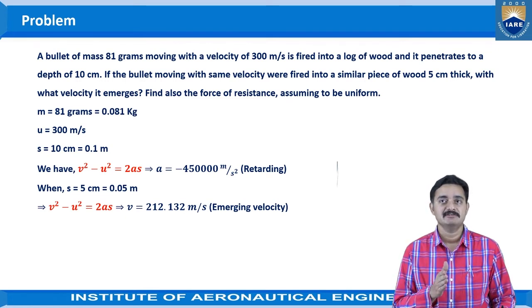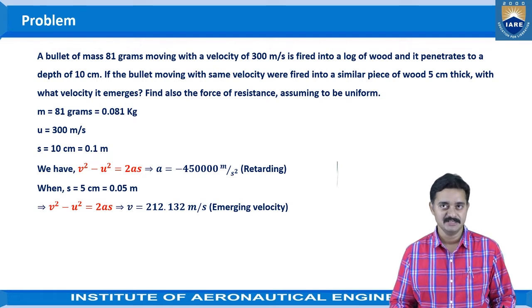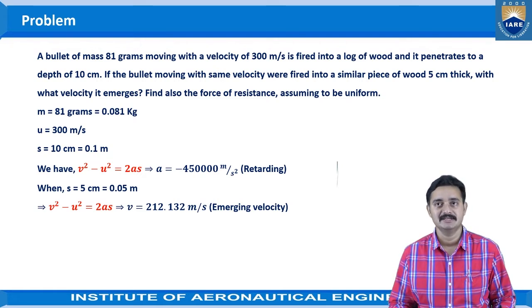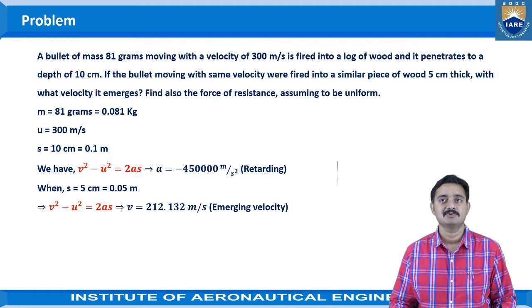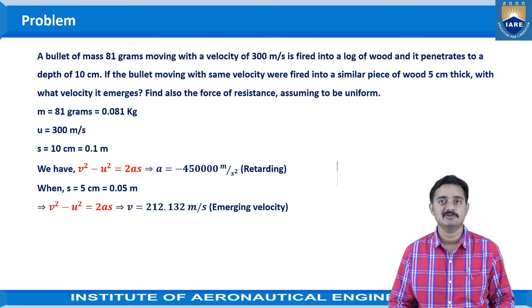Initial velocity is 300, final velocity we need to identify, the distance is 0.05 meters, and the acceleration we just calculated as minus 4,50,000 meters per second square. When you substitute this, you will get the emerging velocity as 212.132 meters per second.